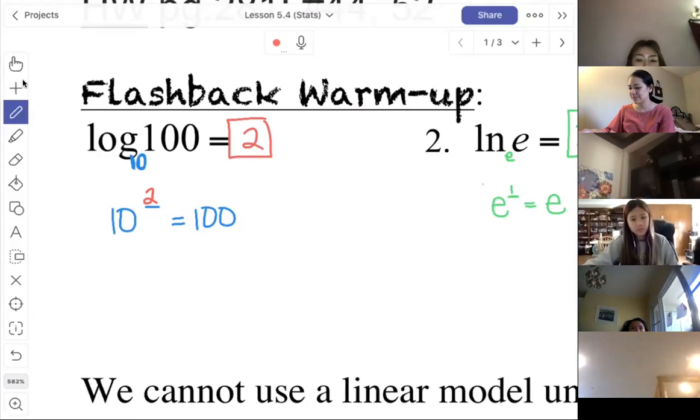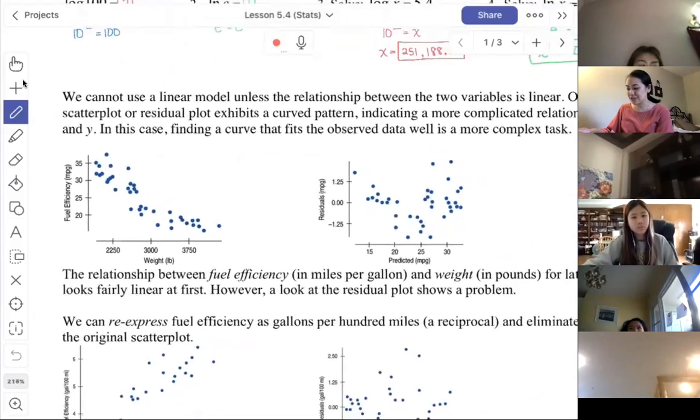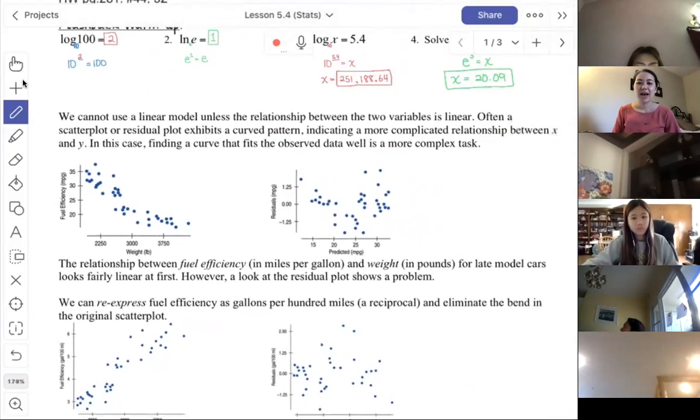All right, so here is the situation. We've been handling scatter plots that are linear thus far. And so using a best fit line has been easy because we have linear scatter plots. Today, we're going to talk about what happens when we don't have a linear scatter plot.